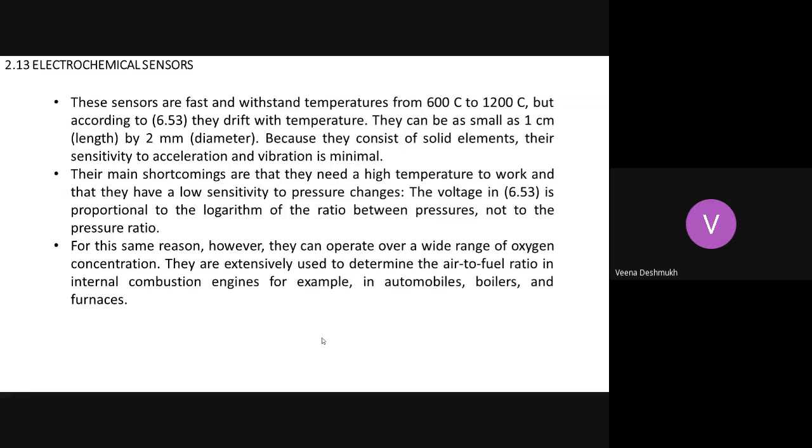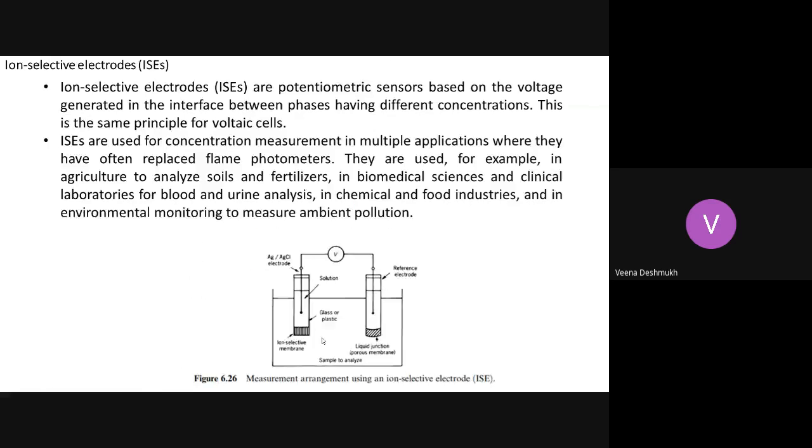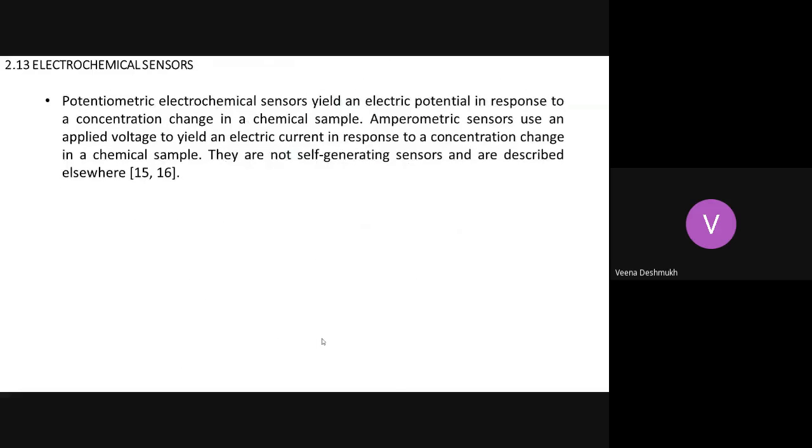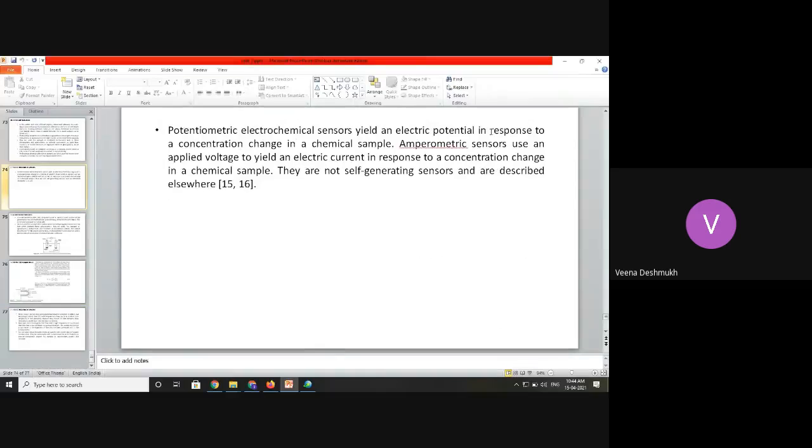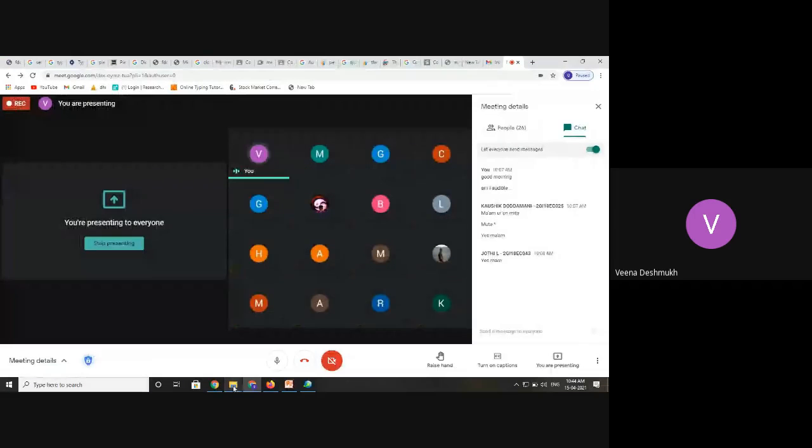This electrochemical sensor we have already discussed. Let me take you to the book and see.